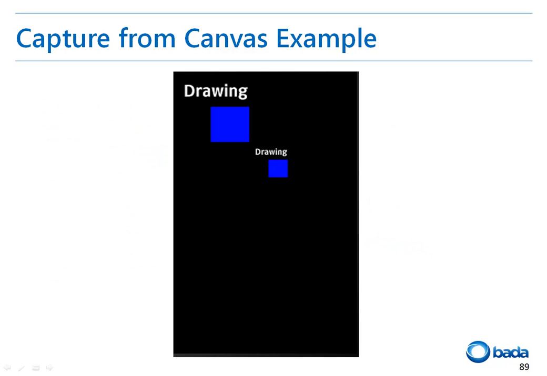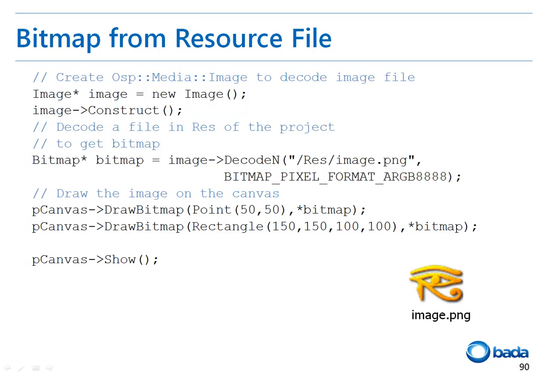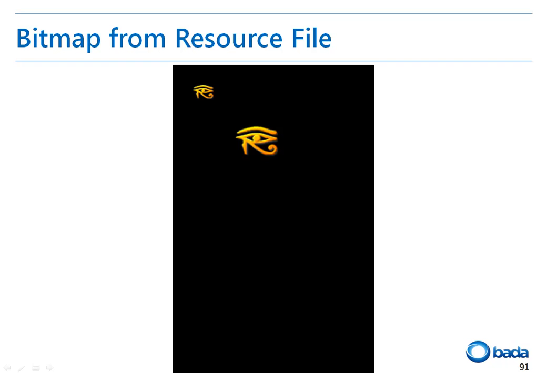As a result, you can see the effect of capturing a part of the screen and drawing it on the screen. This example reads an image file and converts the image to a bitmap. As you can see here, this example decodes the image file from the resource folder, converts it into a bitmap, and draws the image on the screen. This is the result of the example shown on the previous slide.